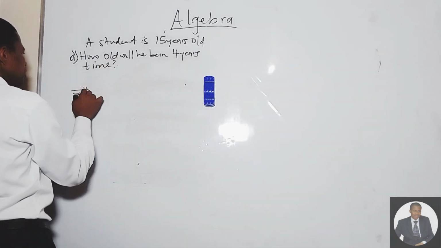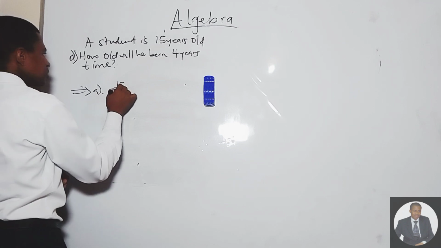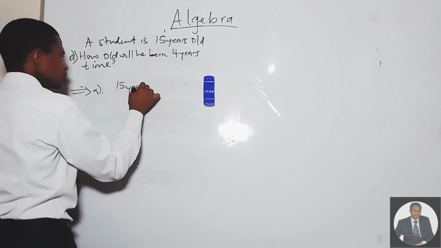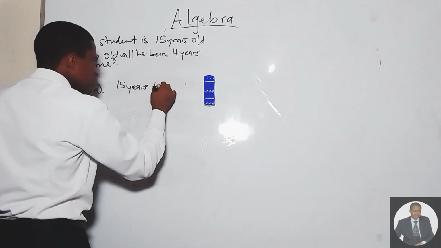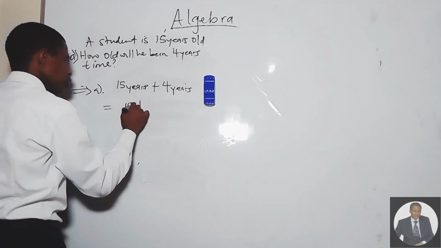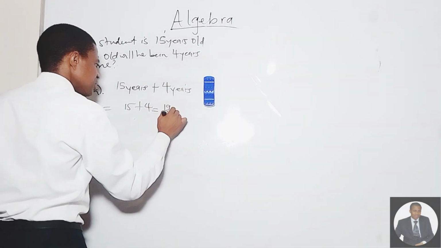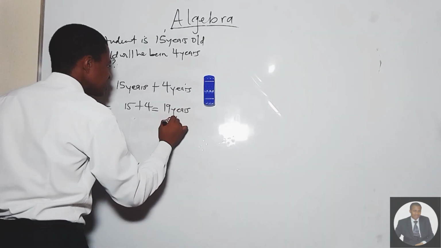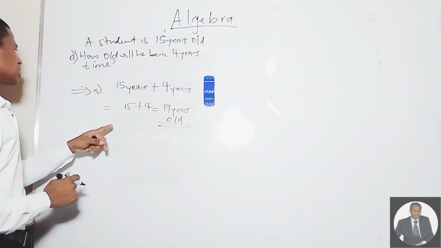So to answer A, 15 years old now. In 4 years' time will be 4 years from now. So that will be 15 plus 4, that will be 19 years. So he will be 19 years old in 4 years' time.